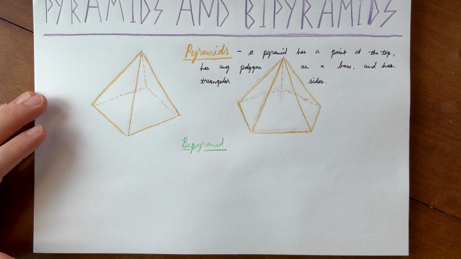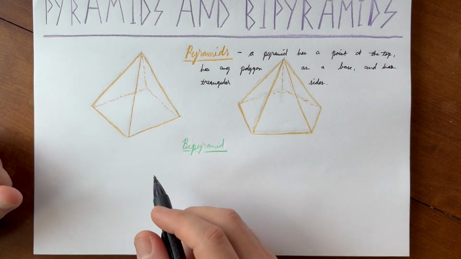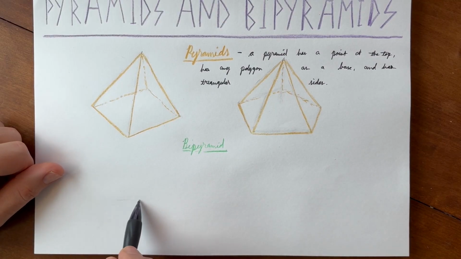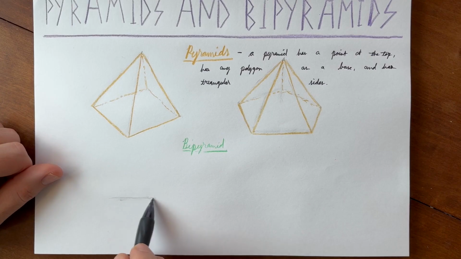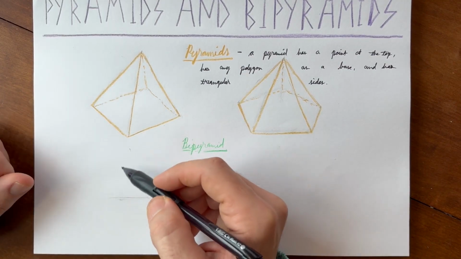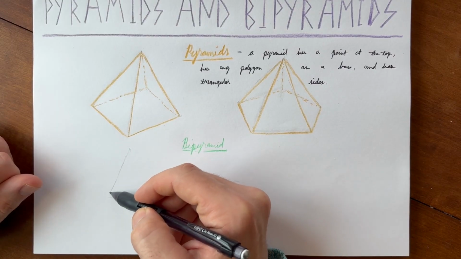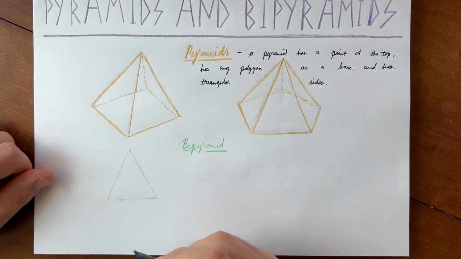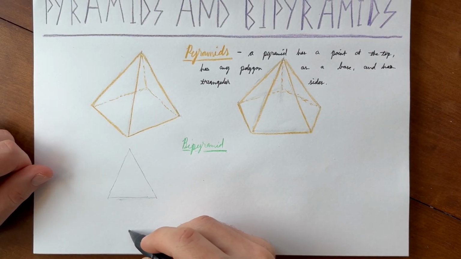And since we did a pentagonal one, let's draw a pentagonal one. Start with a triangle. Okay. Bring that up to about there. Okay, and this will be a little bit in perspective.